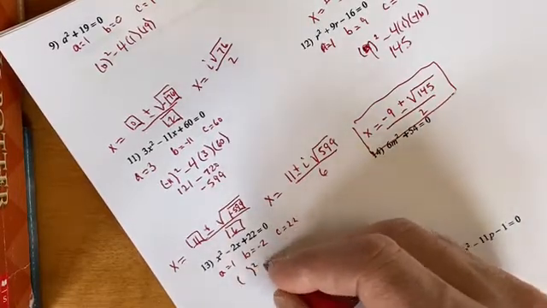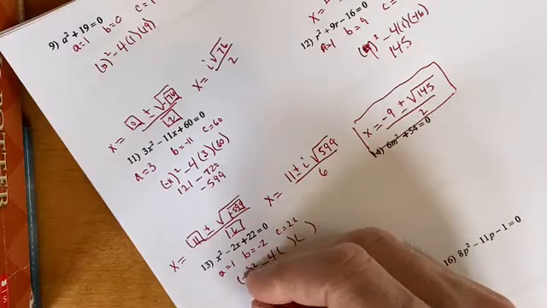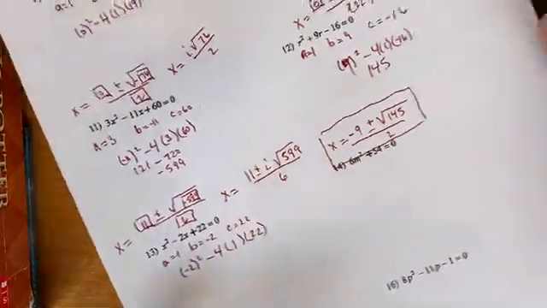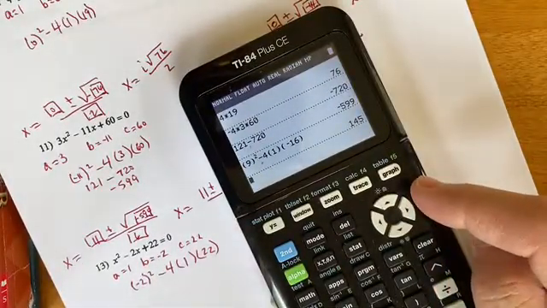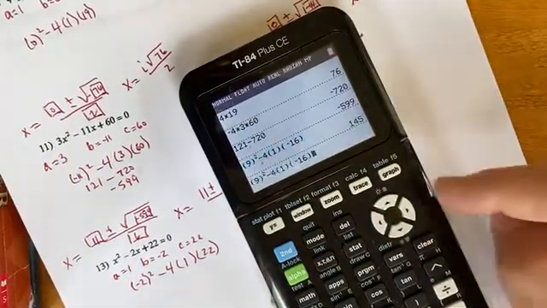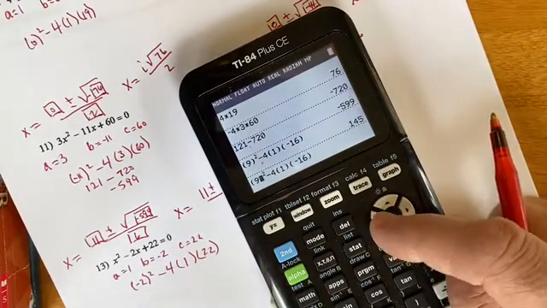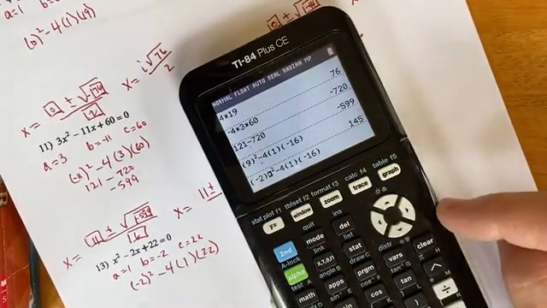B squared minus 4AC. B is negative 2, A is 1, C is 22. Now make sure you use parentheses, right? I can't just change these numbers, because I need it to be negative 2.